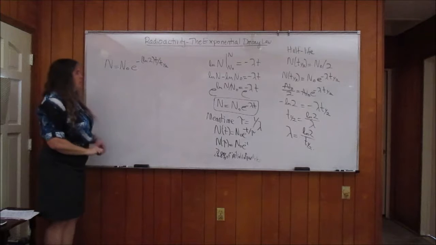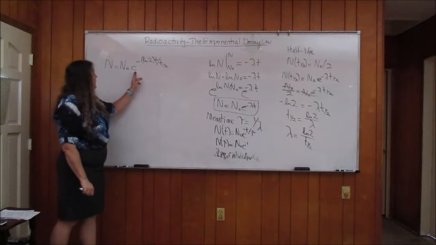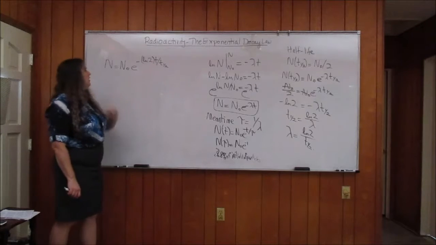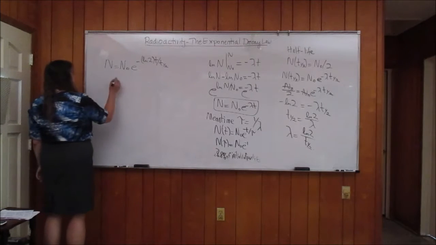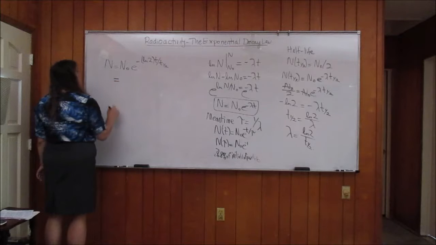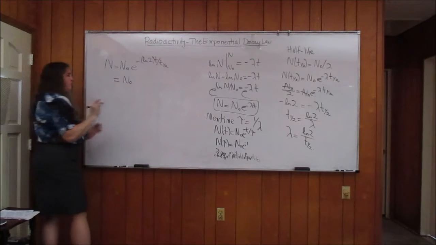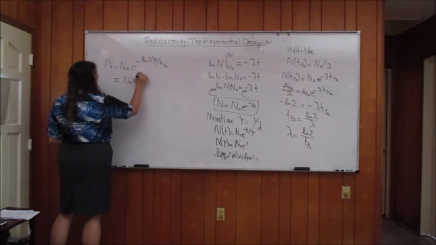Okay, so my exponential decay law now becomes N naught e to the minus natural log of 2 times t over t 1/2. And just write this a little differently to make it clearer.